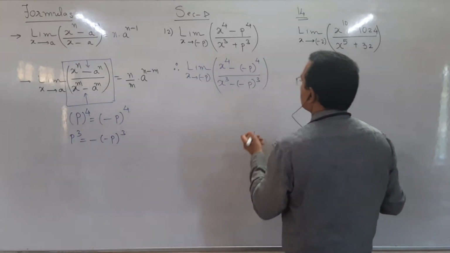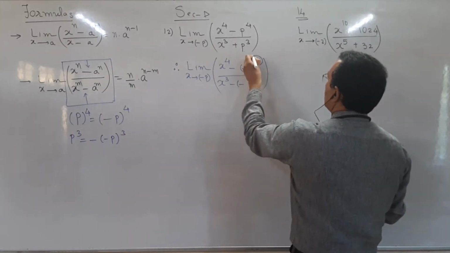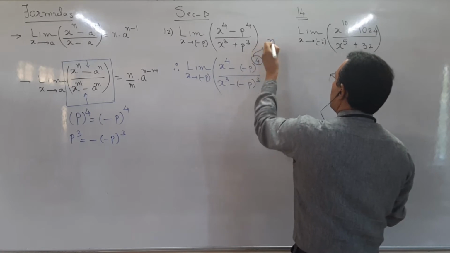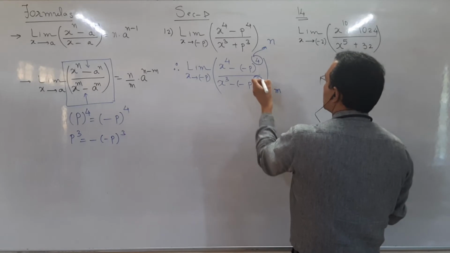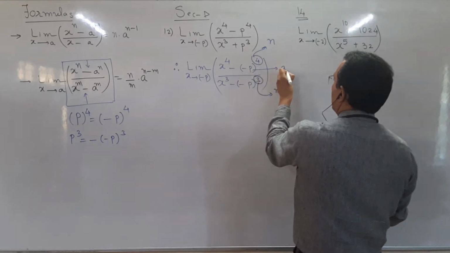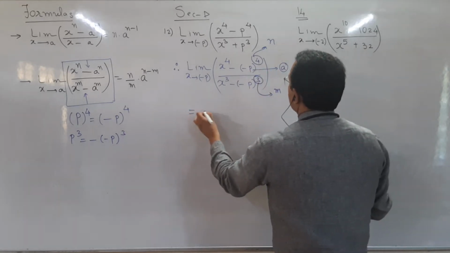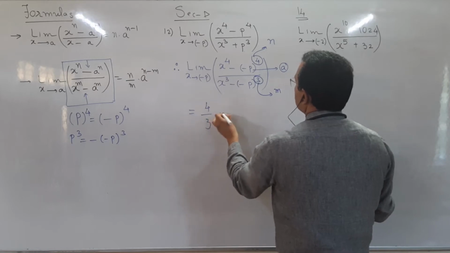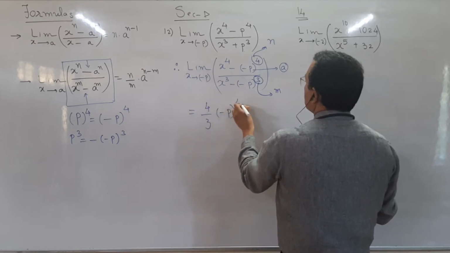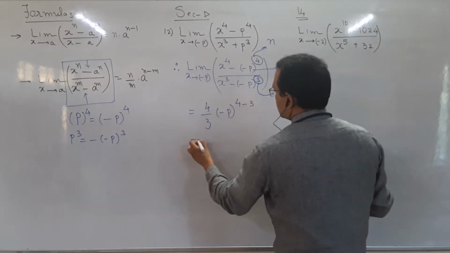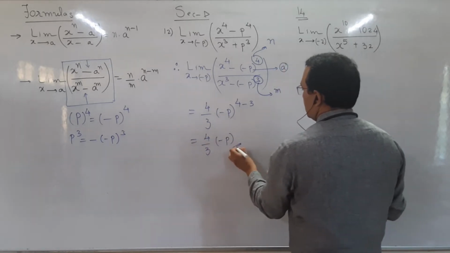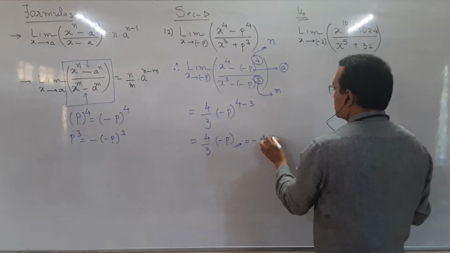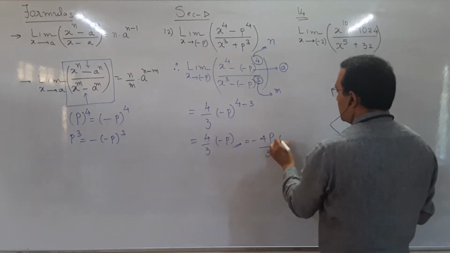So according to this formula, this value will become n, this value will become m, and this is nothing but a. So the answer is 4 by 3 into minus p raised to 4 minus 3. So the answer is 4 by 3 into minus p. Or you can write minus of 4p divided by 3.